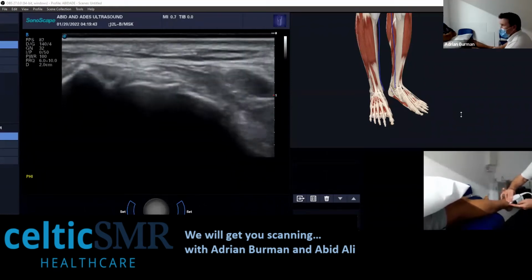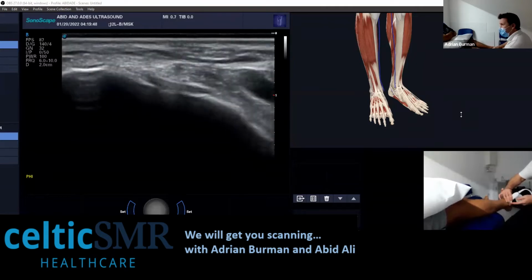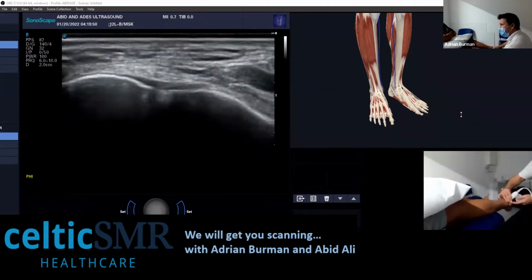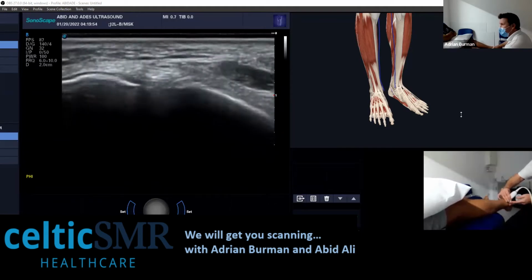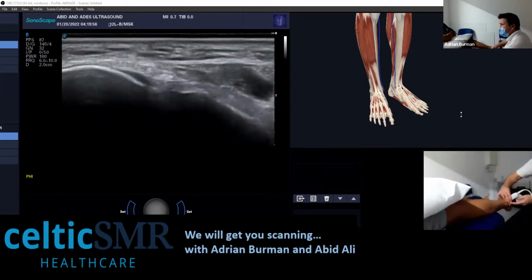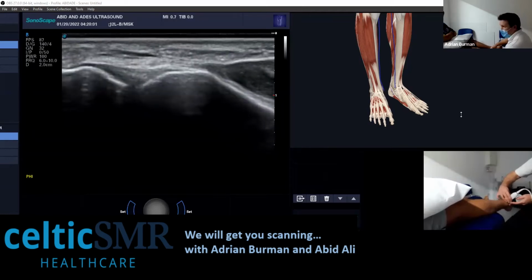So you just clock face, trying to fix the point just on the placing. Yeah, the three should come in. That's probably more the inferior one, the inferior fascicle as well. Yeah, that's more the AITFL there.